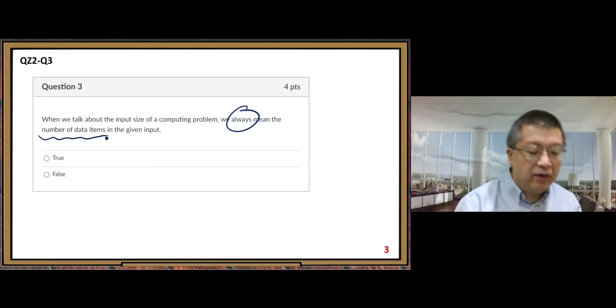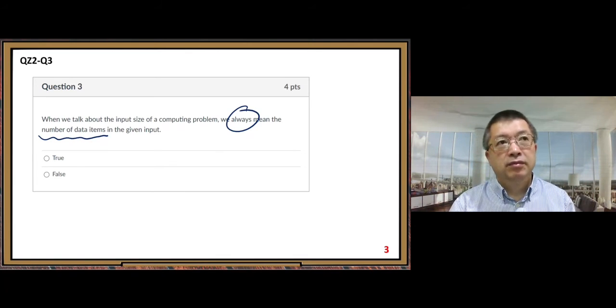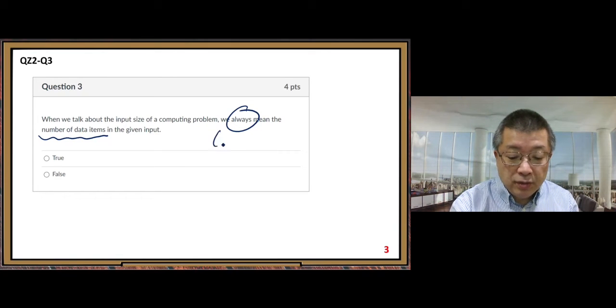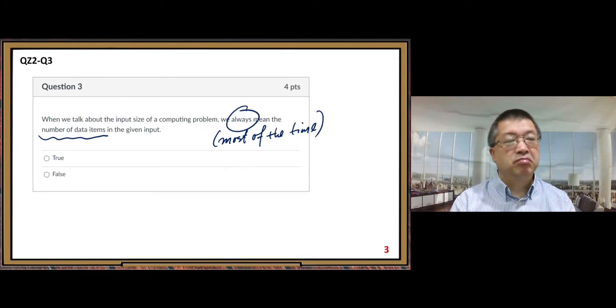Number of data items, most of the time, but not always, because there is another case that happens less frequently, but it happens.